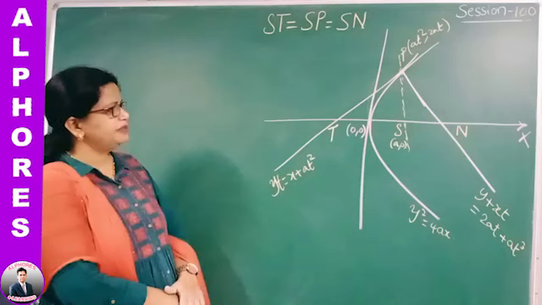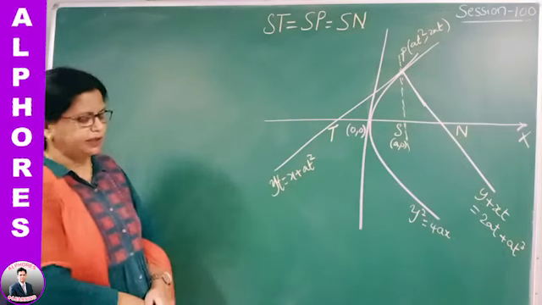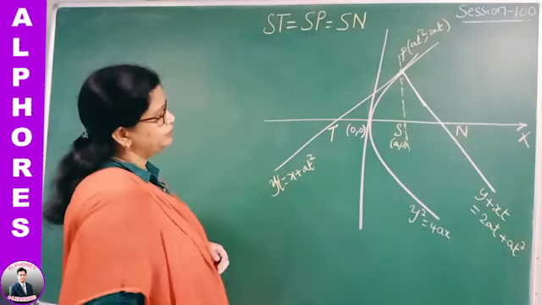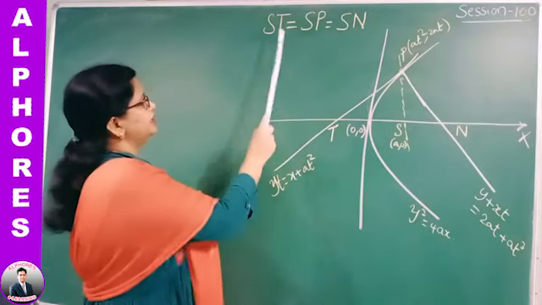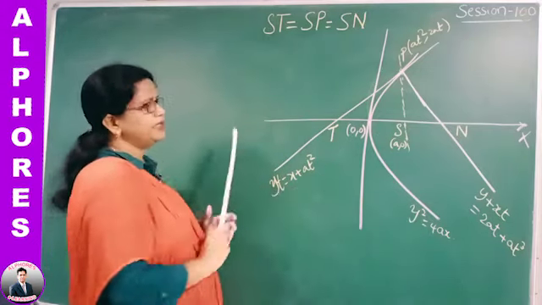Now students, observe one of the standard results. Whenever S is the focus of the parabola y square equal to 4ax, then the result is about ST. What is ST here?